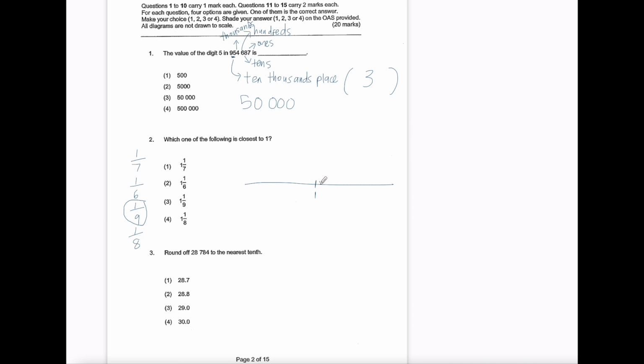So if I have 1 over 9, it will be here, followed by, and then followed by, okay, because 1 over 6 is the biggest, so it's the furthest away from 1. So my answer will be number 3, because this is the smallest value.